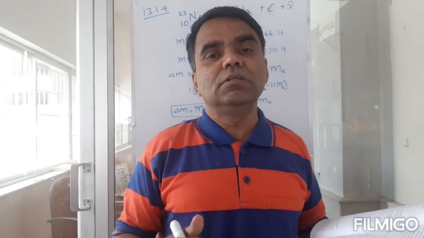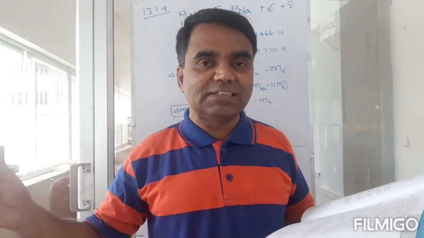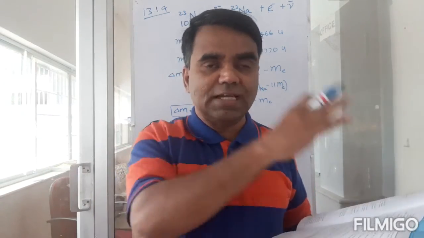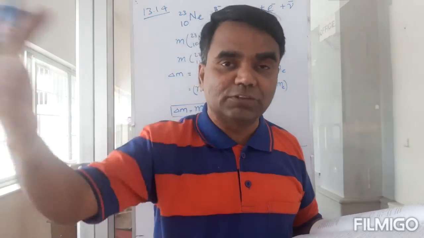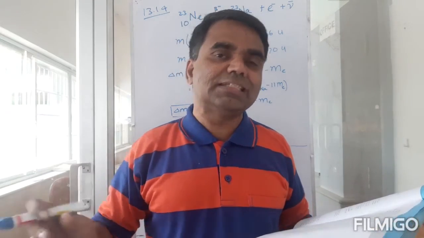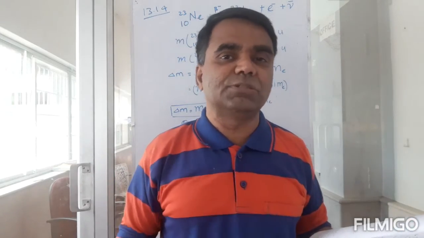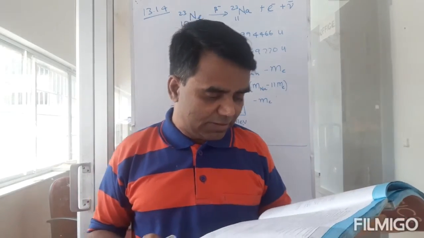If the reactant mass is more than the product mass, then it must be exothermic. If the reactant mass is less than the product mass, then it has to be endothermic. You have to supply energy. So that's how it is.